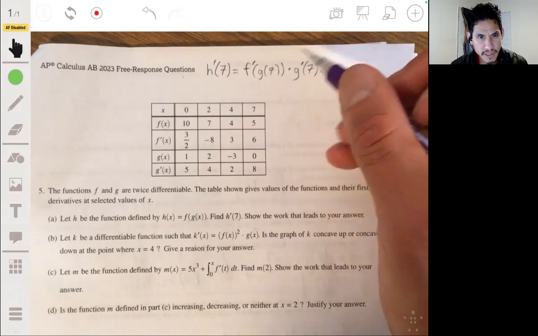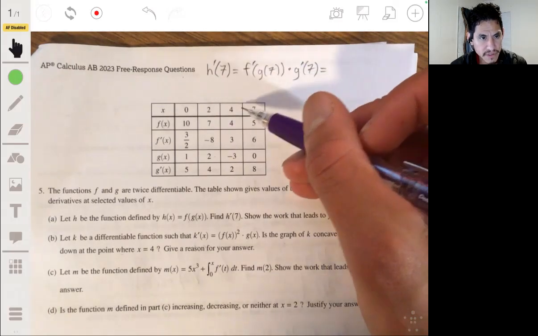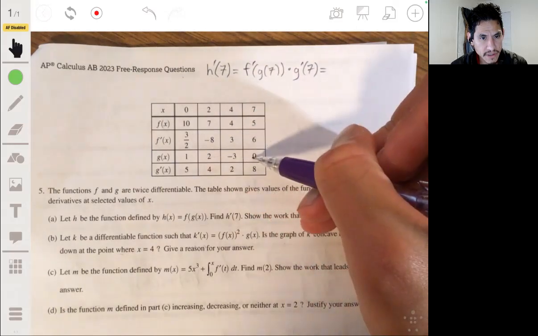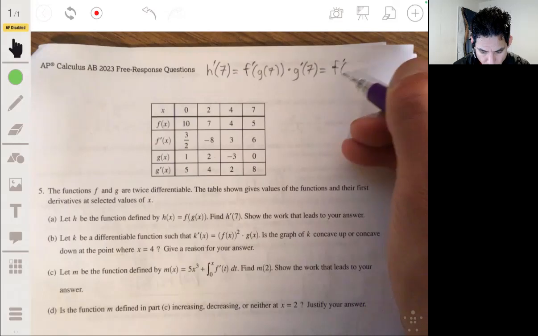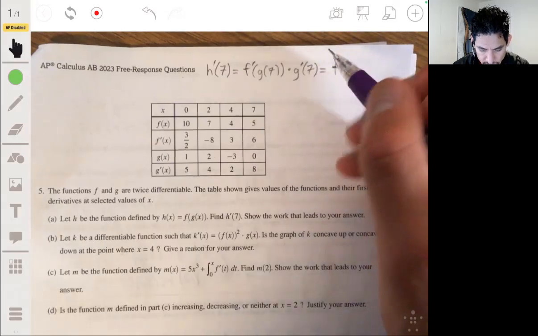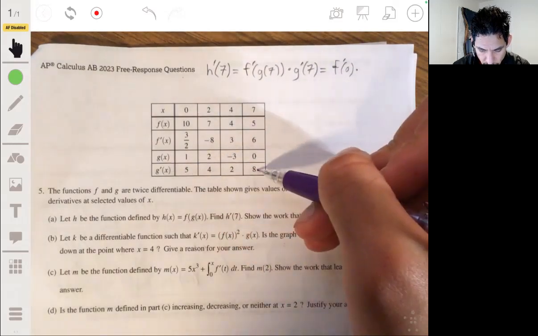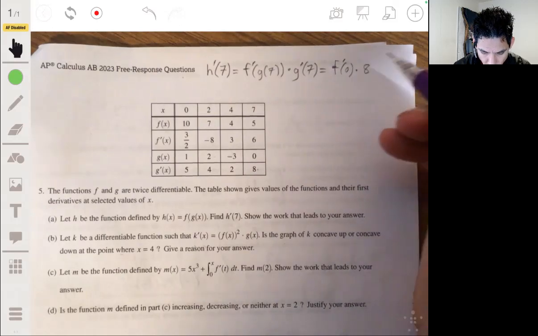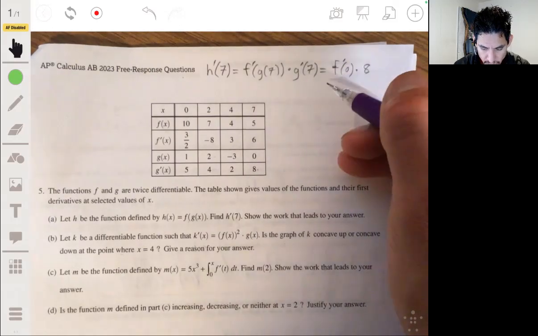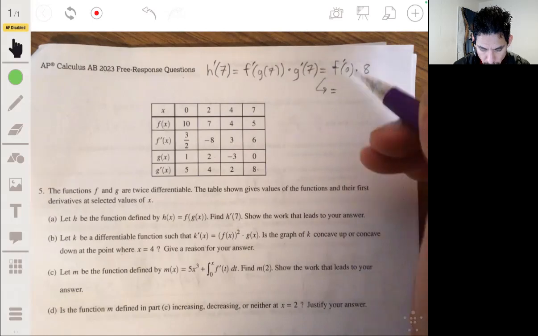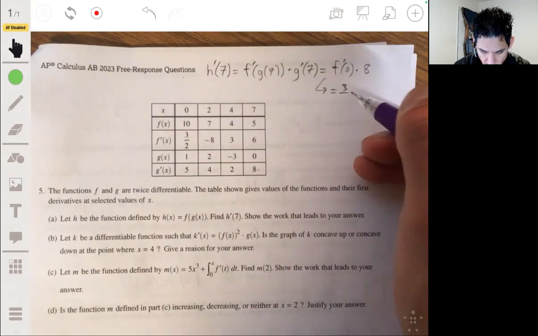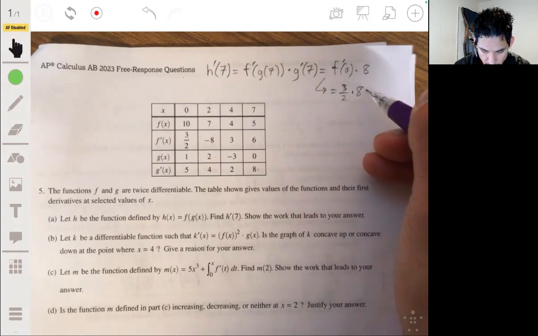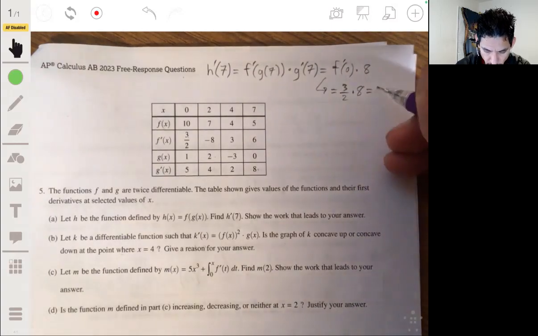So we find g of 7 is 0, shown here. So we have f prime of 0 times g prime of 7, which is 8. F prime of 0, we look at this, we have 3/2 times 8. And so then our answer is 12.